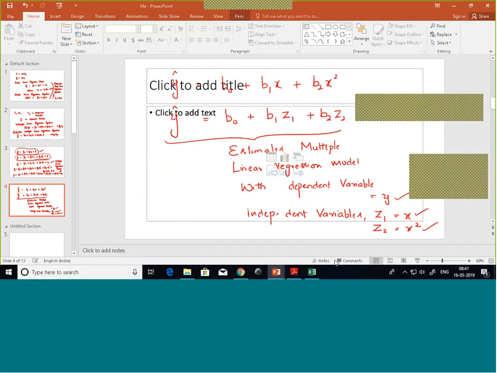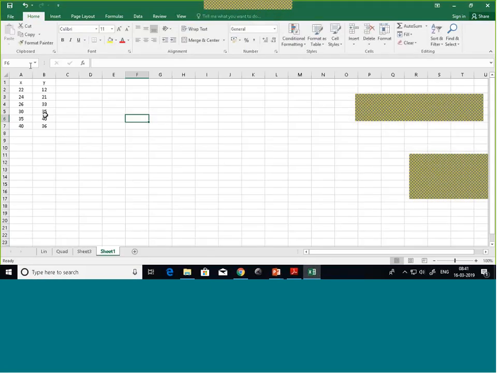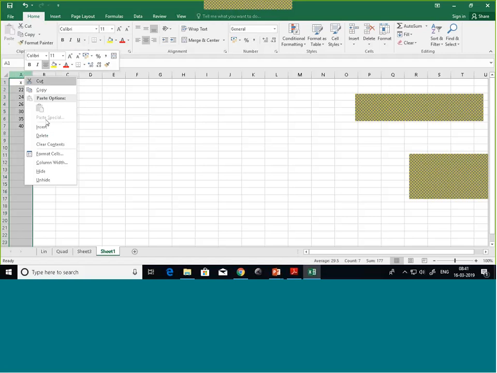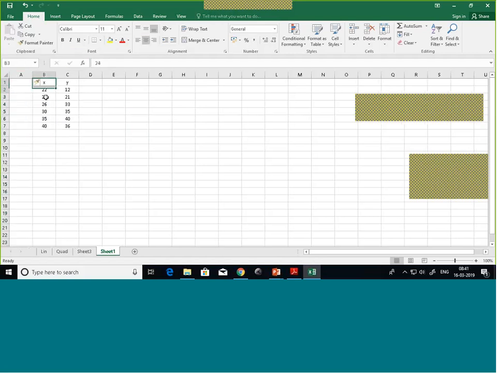So let us go to that one. We have x, which means z1. You need one more independent variable z2, that is x square. So I am inserting one more column for x square. How do you get x square?